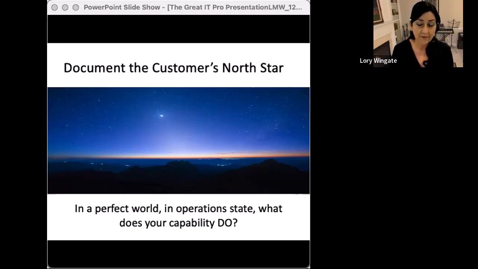Okay, so in the windmill example, what they want is a next generation wind farm capability that generates more electricity for less input, less wind. So it takes less wind to generate electricity. If they can state what that looks like in the perfect world, then you can decompose that back to, well, you're going to need advancements in materials.